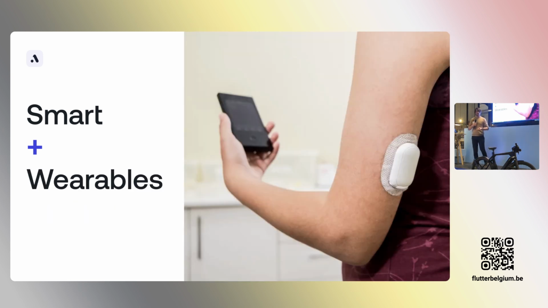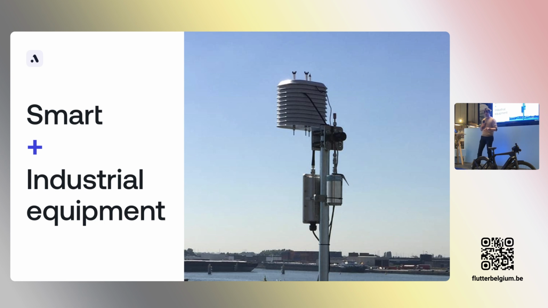Wearables as well. That's actually a booming market. Everything that is medical is becoming more and more smart. This is an insulin meter, but also smart industrial equipment. Can be air sensors or other industrial equipment that is installed in order to improve the industrial process.